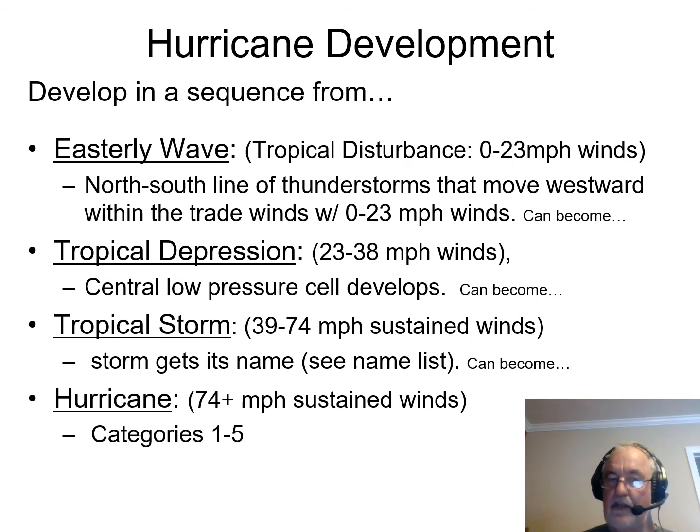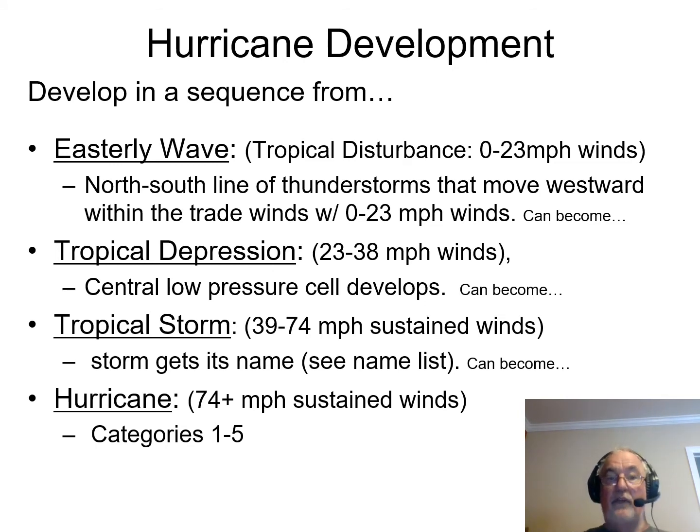It can't just be a gust, it has to be sustained for over a minute at over 74 miles per hour. And if that hurricane stays over warm ocean water and continues to grow and pull more moist air in, wind speeds get faster, we'll go from the first category, the ones that are just over 74 miles an hour, to a category 2, 3, 4, or category 5 hurricane.